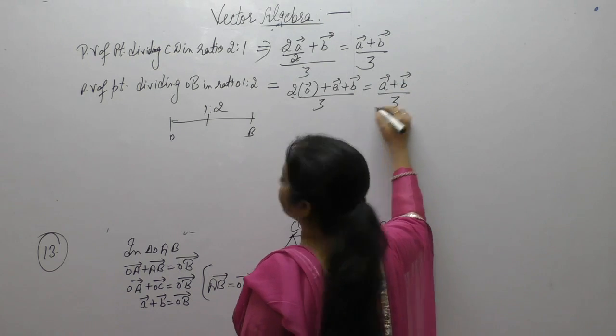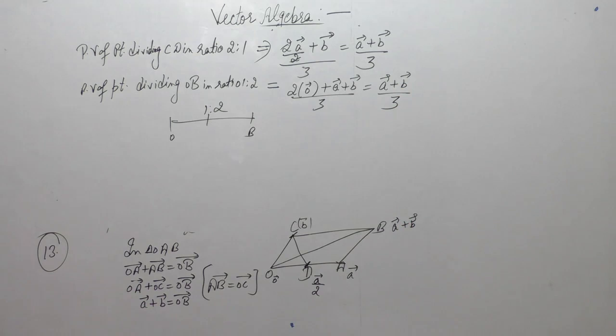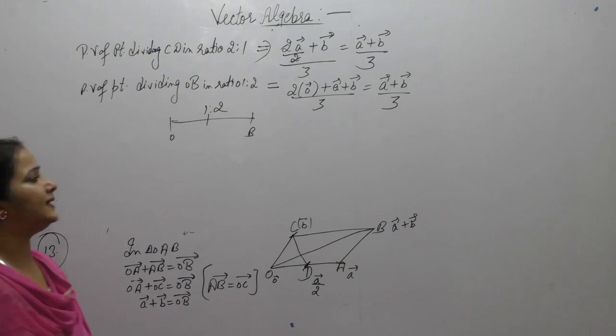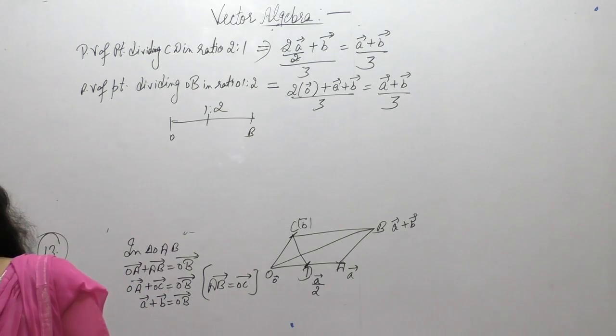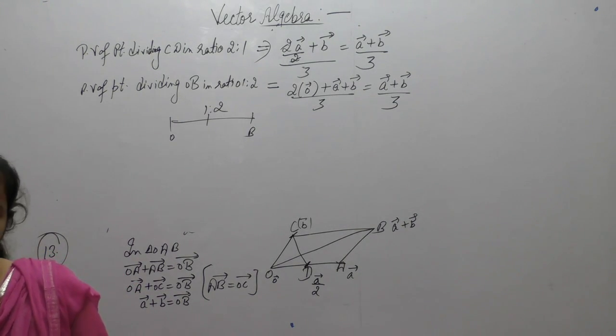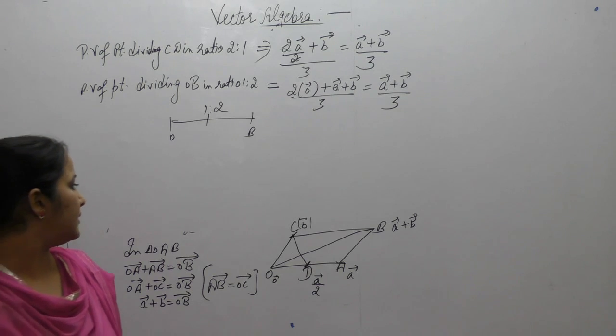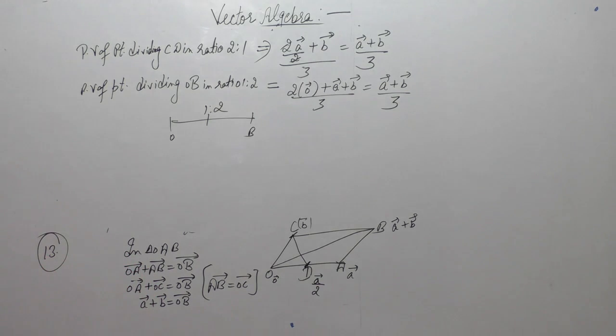So A vector plus B vector upon 3. Position vectors of the point trisecting OB and DC are same. Hence, DC trisects OB.